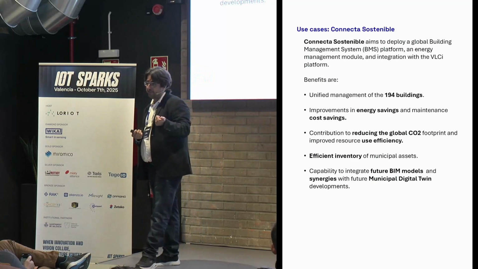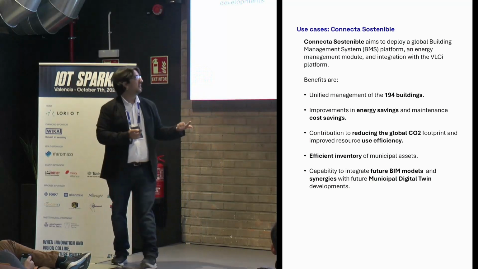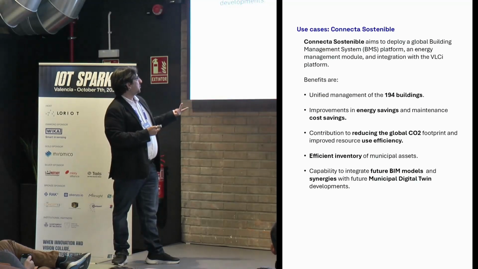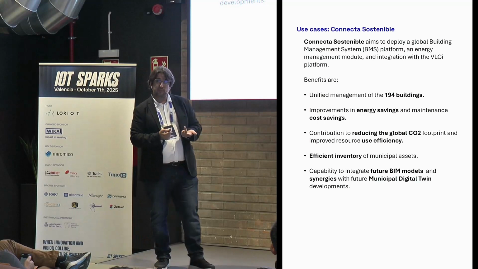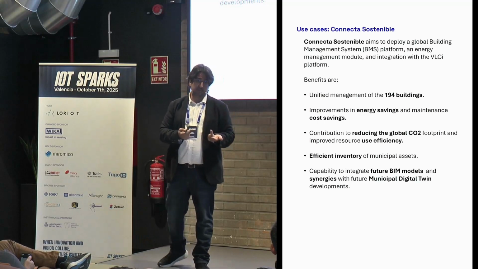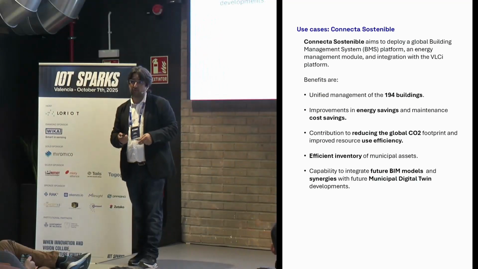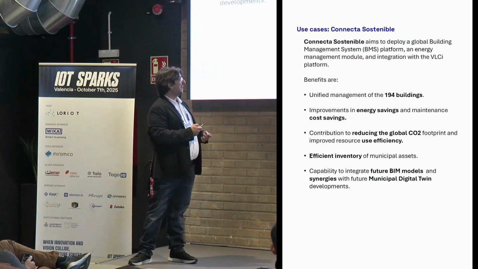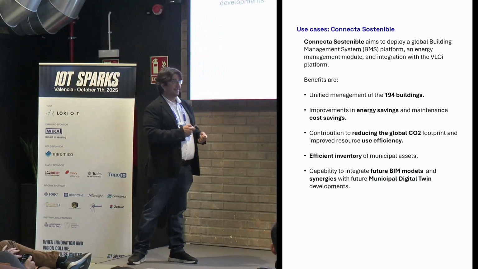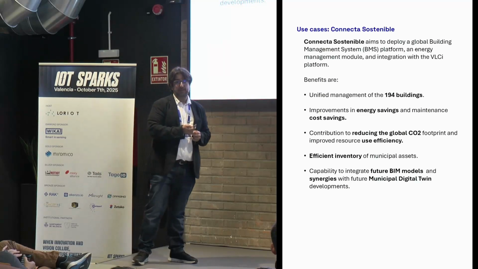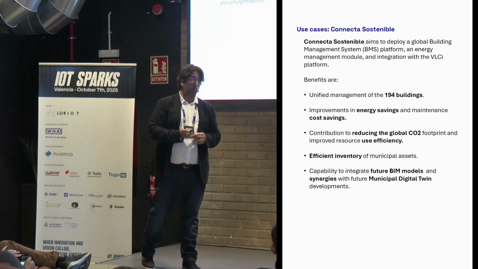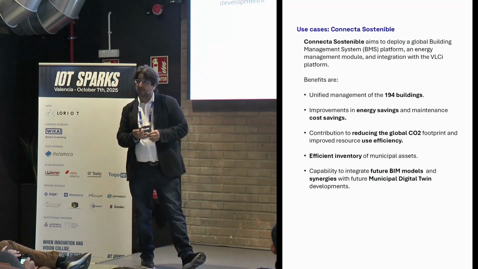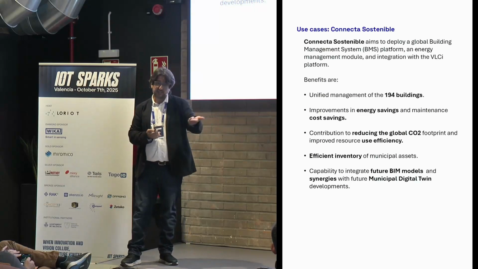We get energy savings, we get the CO2 footprint reduction, also we get use efficiency, and the main thing, we get all the information in a BIM model that will allow us to manage the buildings and also the information. And as you can imagine, if we are just deploying this solution for these buildings, more buildings will come later. It will improve the situation from both perspectives, technical but also economic side.